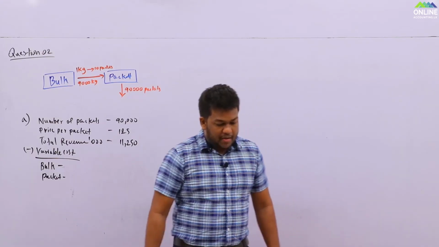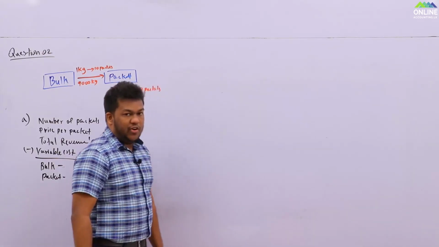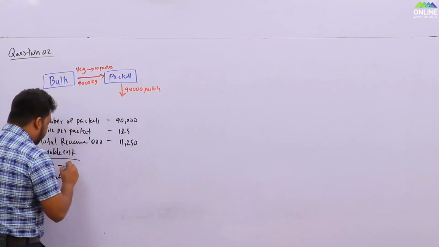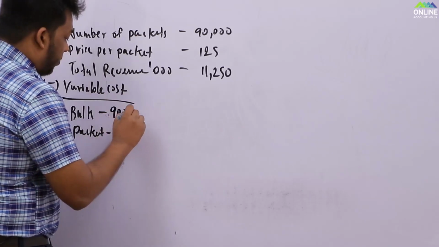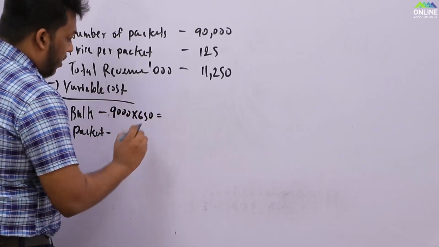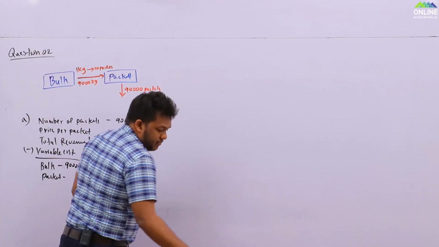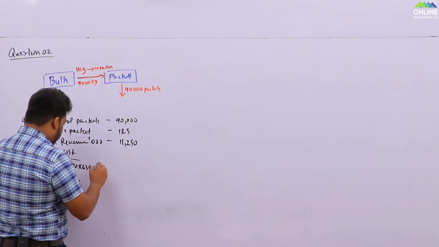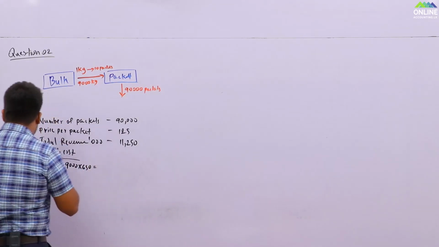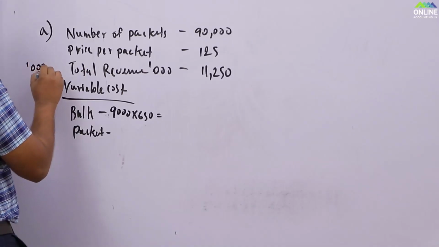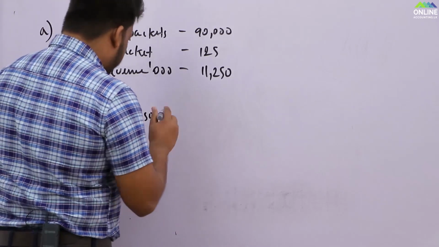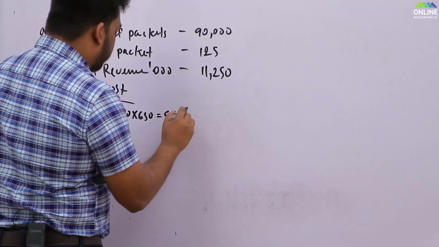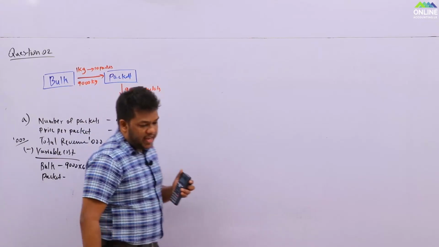The variable cost per kilogram is how much? 650. 9,000 into 650, that is how much? That is in thousands. So after this we are in thousands. 5,850,000.